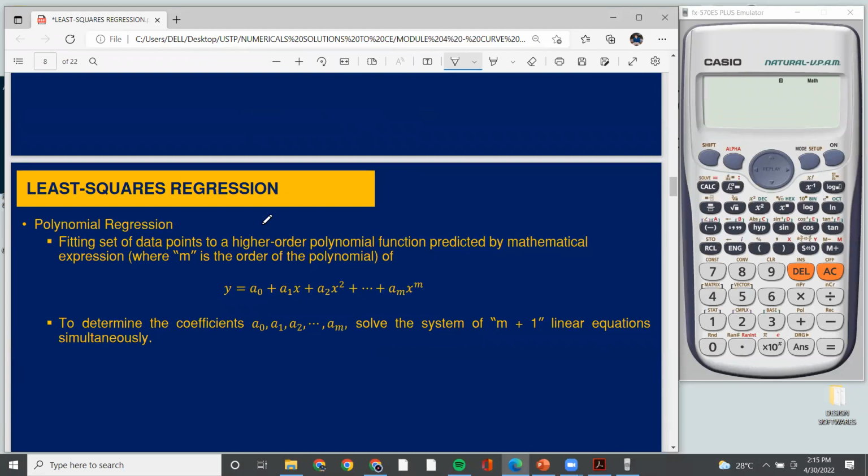And for polynomial regression, fitting a set of data points. First is the linear regression. The second one is the polynomial regression.